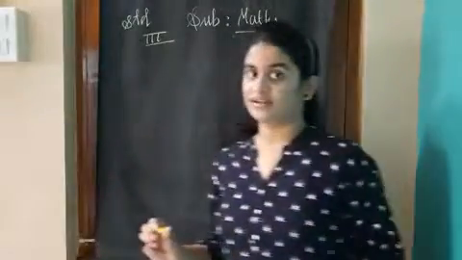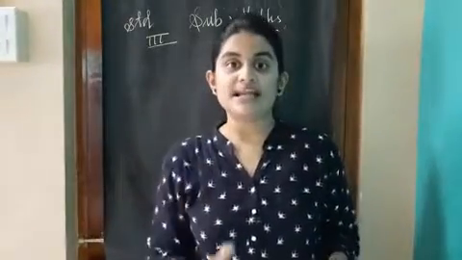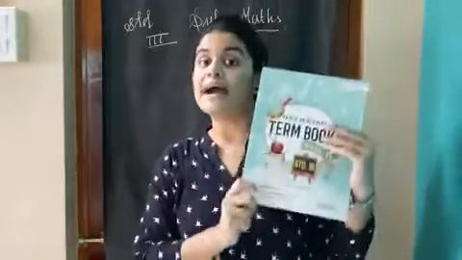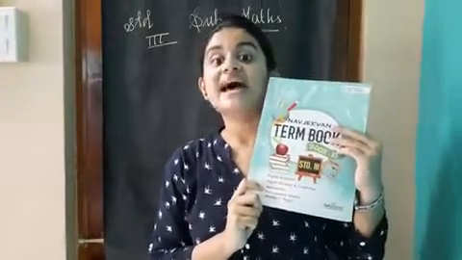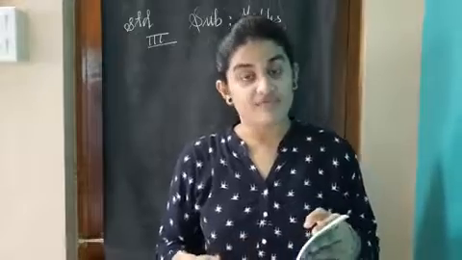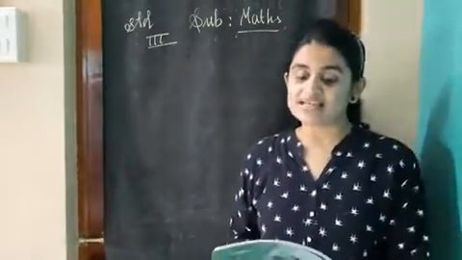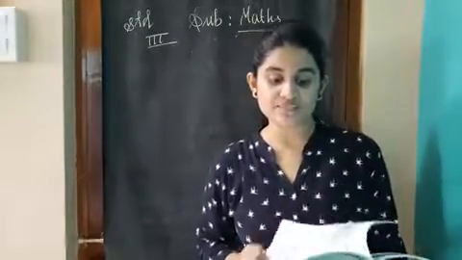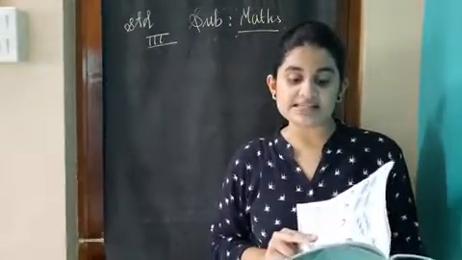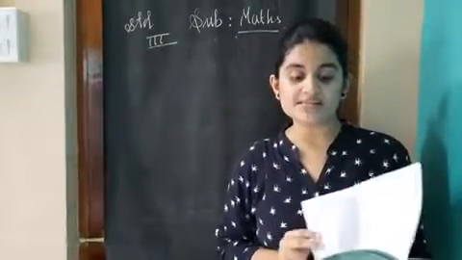Standard third, right? So students, can you tell me in our combined book number 2, how many lessons are there? Yes, we have 3 lessons, right? First is multiplication. Second, the first lesson, is word problems.